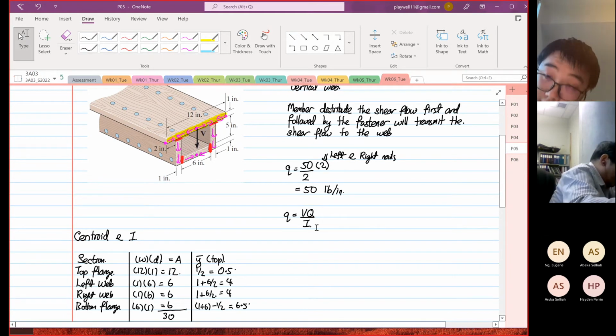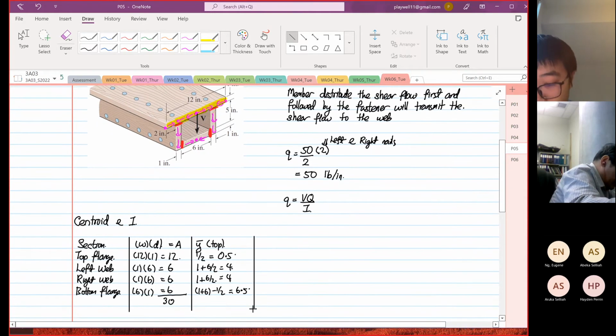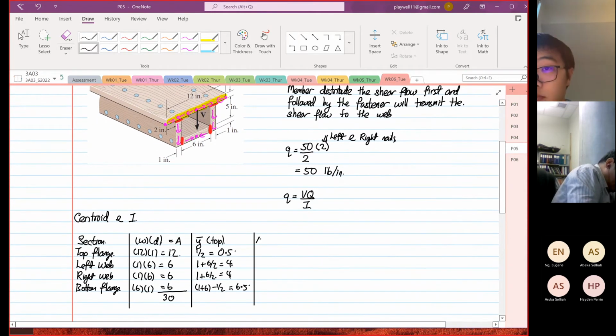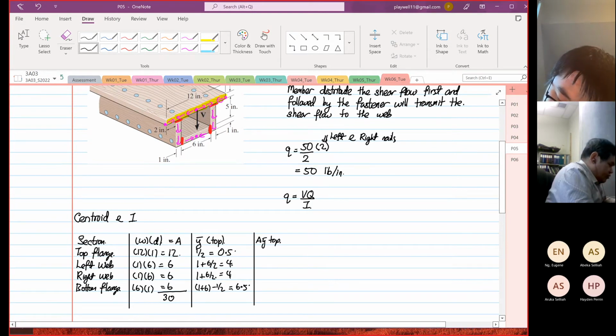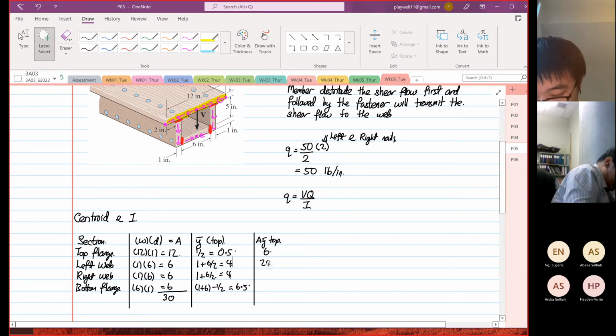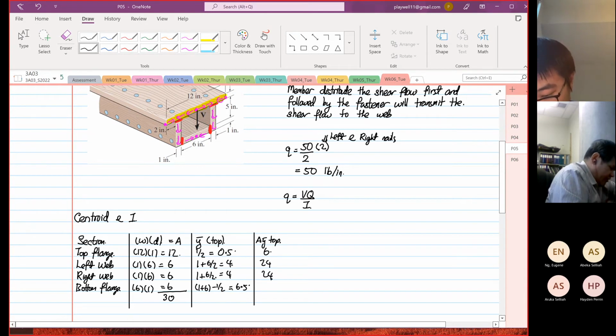Then we're going to take our A Y bar top. So 12 times 0.5 is equal to 6. 6 times 4, 24, 24. And 6.5 times 6, 39.